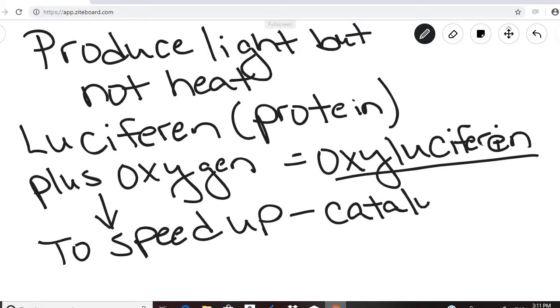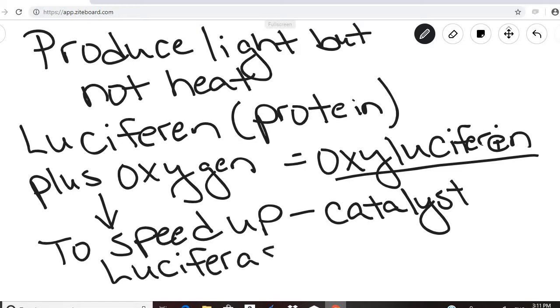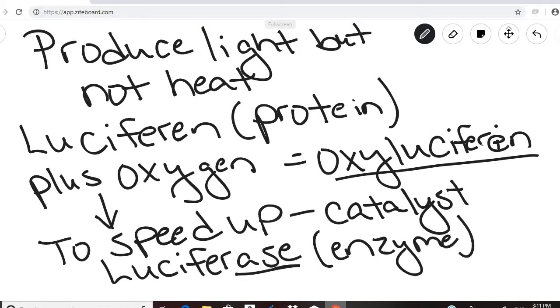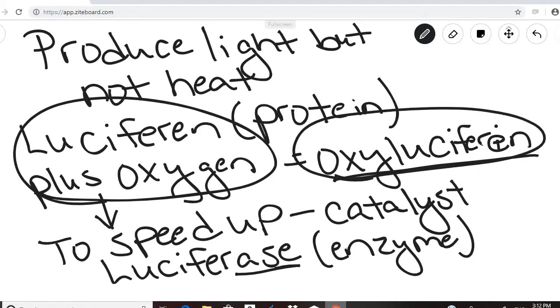And often catalysts are enzymes, and in this case, the enzyme is called luciferase. So this is the enzyme that acts as a catalyst to speed up this reaction that leads to the chemical that produces a glow.